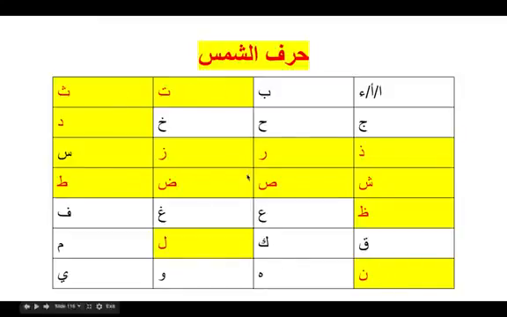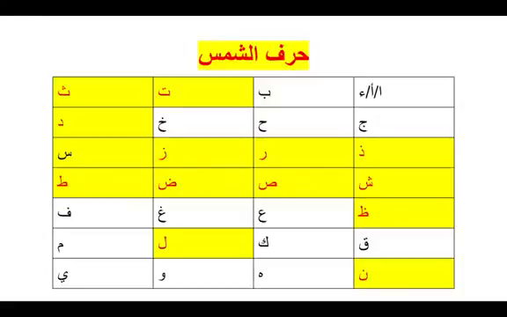If you see, bright yellow is the sign of sun, so these are the sun letters. And if you see here, all these letters, a very easy way to remember is, you don't have to memorize, any letter which is pronounced by bringing the tip of your tongue just near the tip of the tongue, in front or behind it.